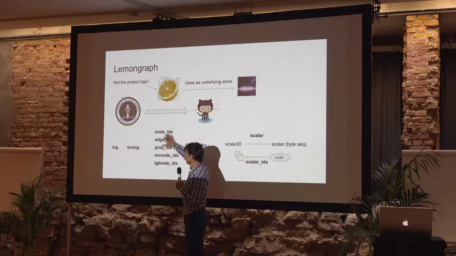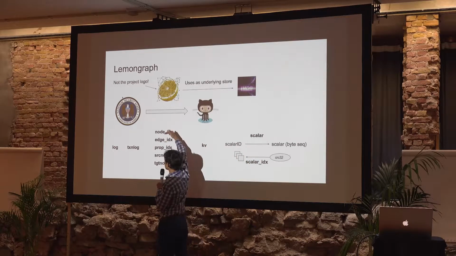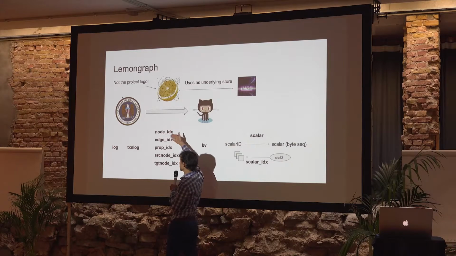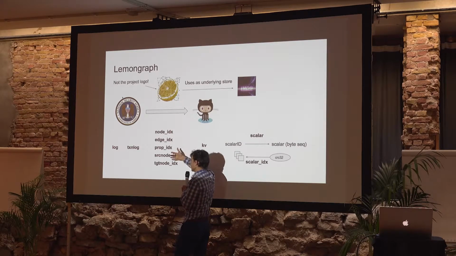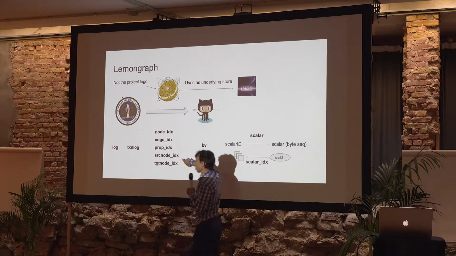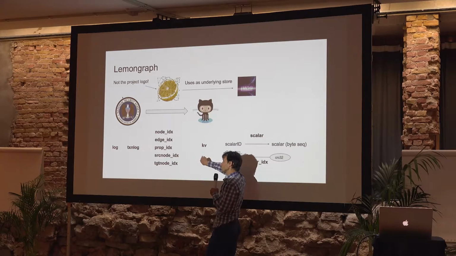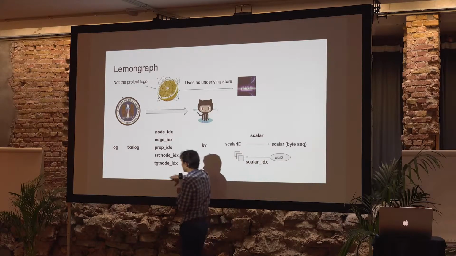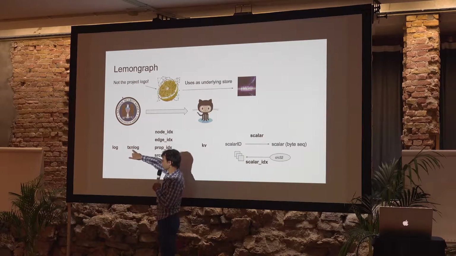So these are the indices that they maintain. So indices of nodes, edges, properties. This allows you to go from the edges to the sources, or the other way around. These are the transactions. So actually they support transactions.